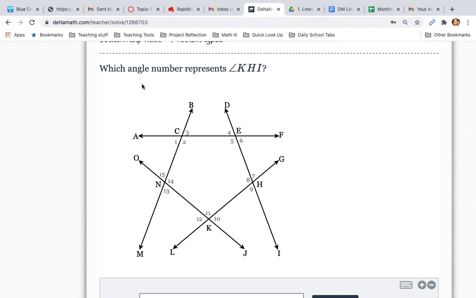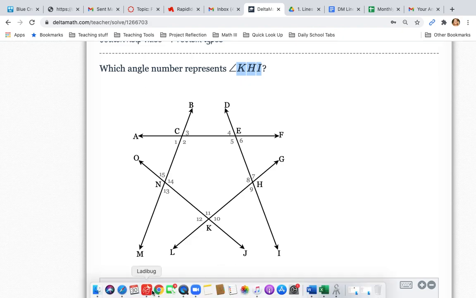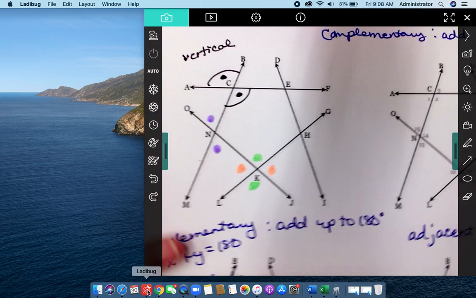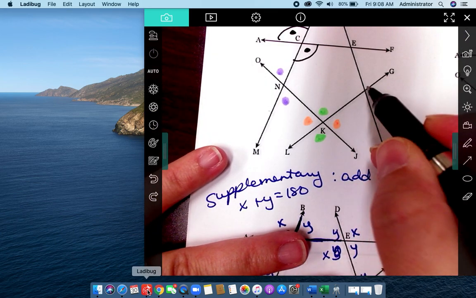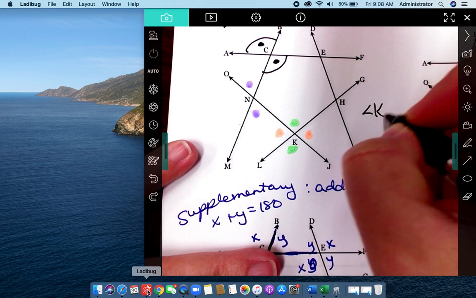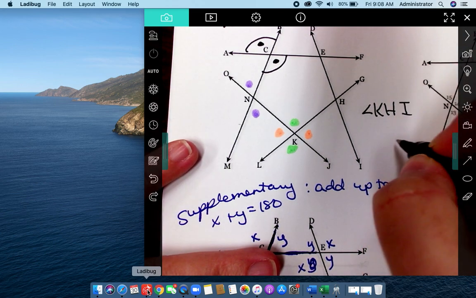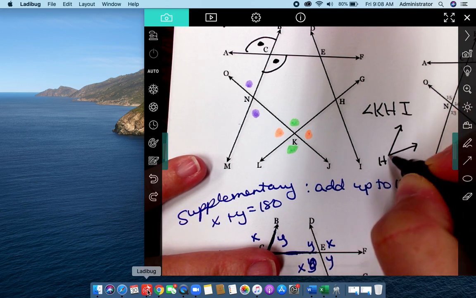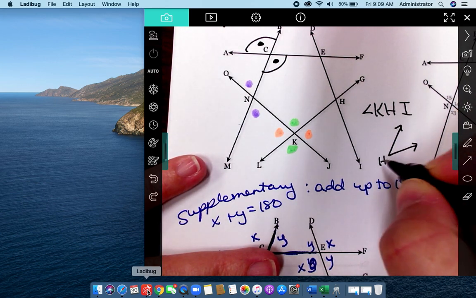So things I need to remind you of. When we name an angle like KHI, it means that the middle letter is the vertex of the angle. So let me go back here. For KHI, if I'm talking about angle KHI, when I say vertex, it means that I have an angle where H is where the two rays meet.